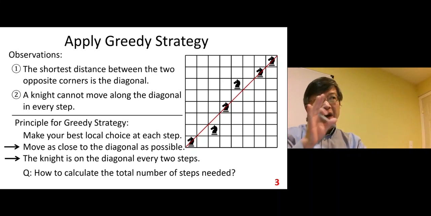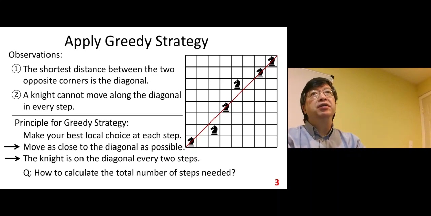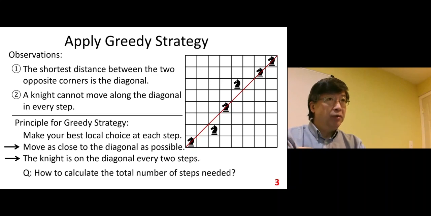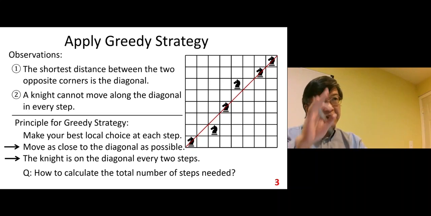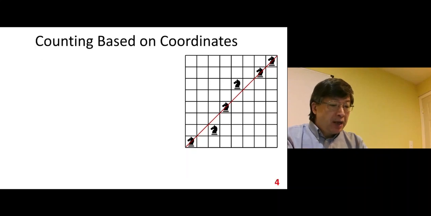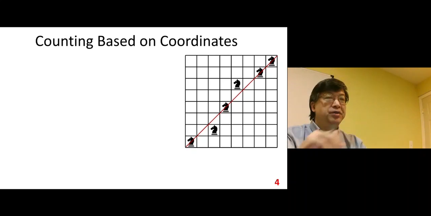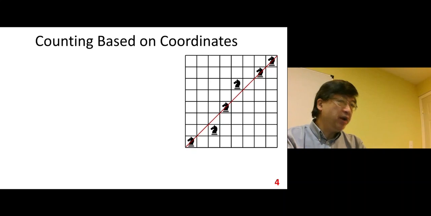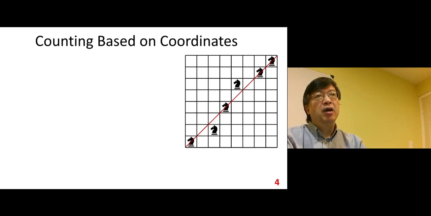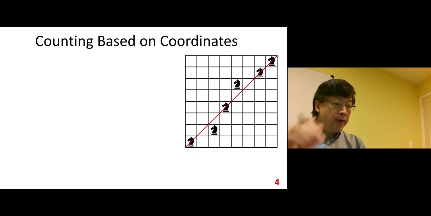We need to find a rule to do the calculation, to do the counting. Here we are doing the counting step. We count the number of steps. How do you find some nice rule you can apply on your counting? Counting based on coordinates. Here we need to use the coordinates to give us some idea about the moving rule.